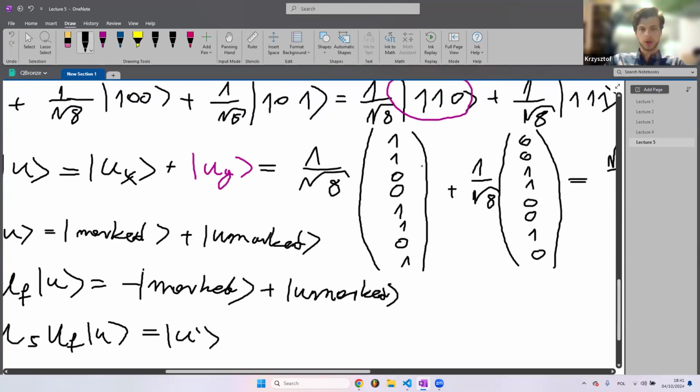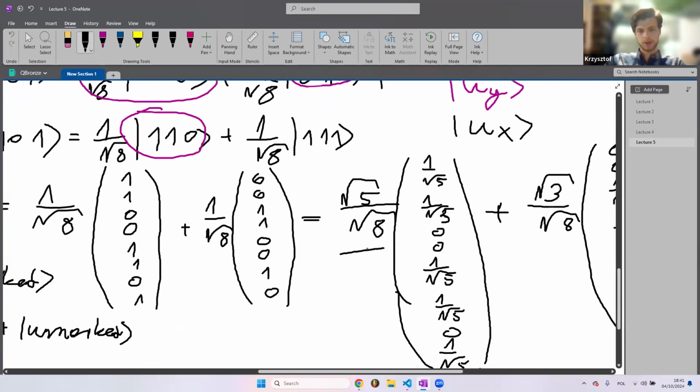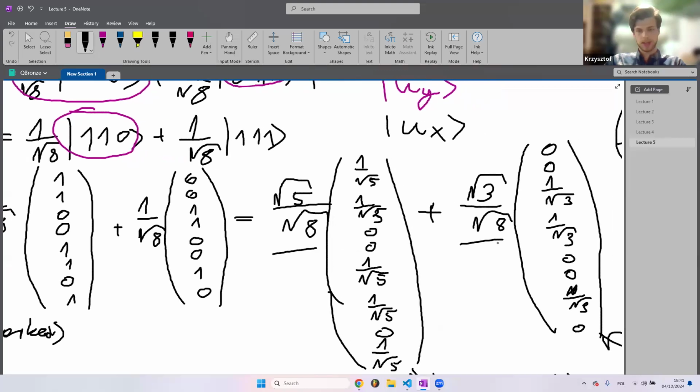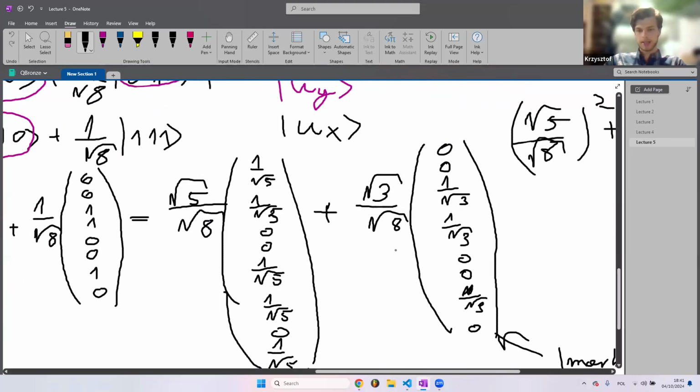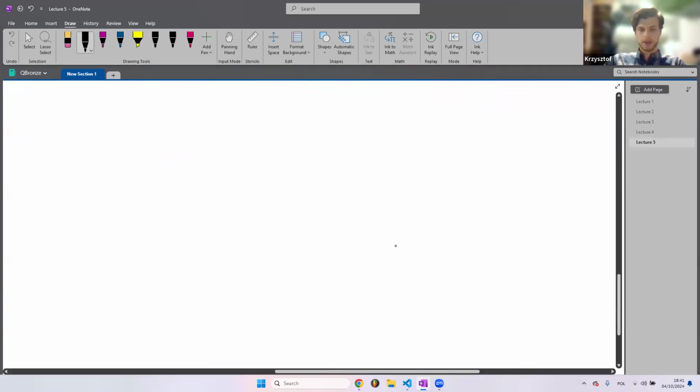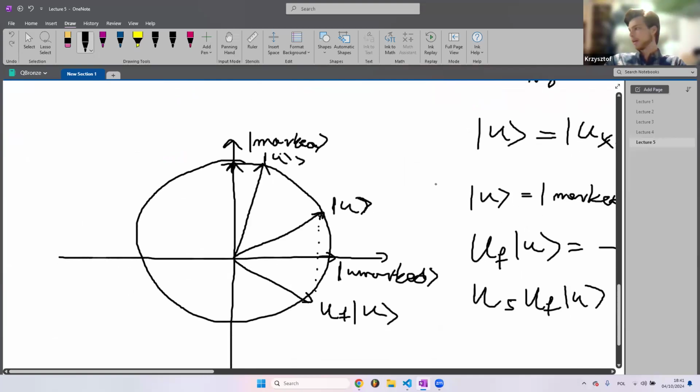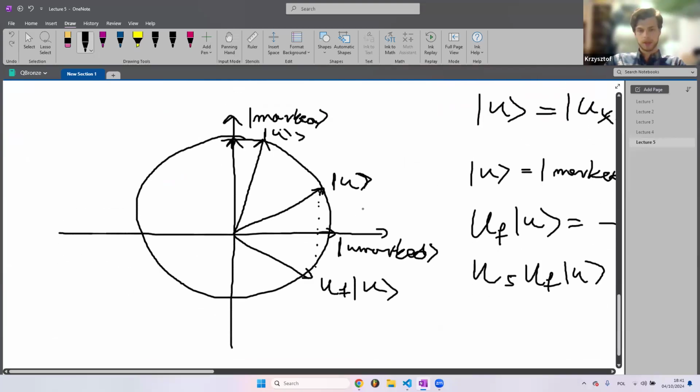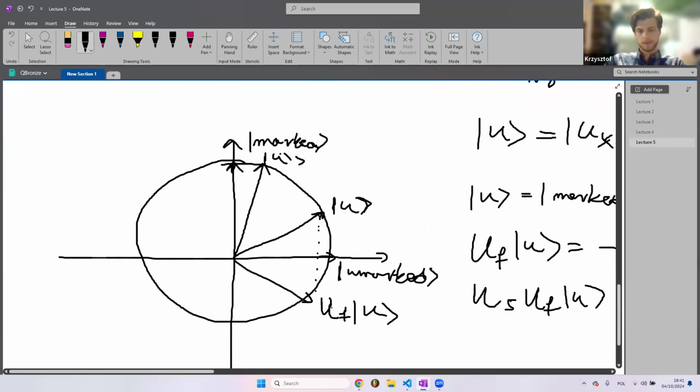It's no longer 5 over square root of 8 plus 3 over square root of 8. It's different, and the higher number will appear closer to the marked element. Therefore, by applying only two steps, we are able to measure the marked qubits with very high probability.